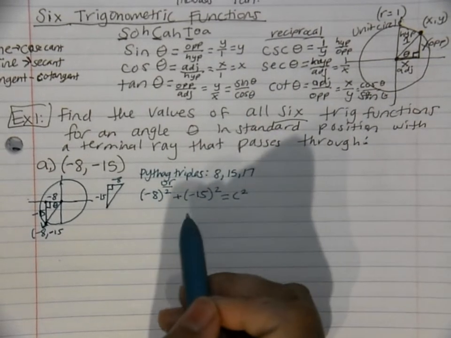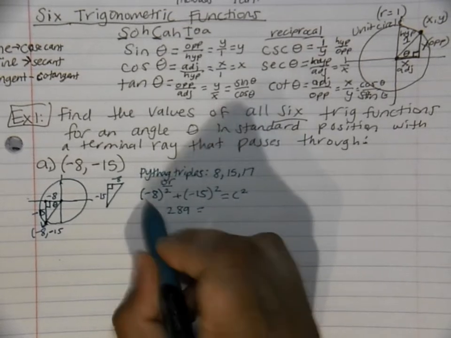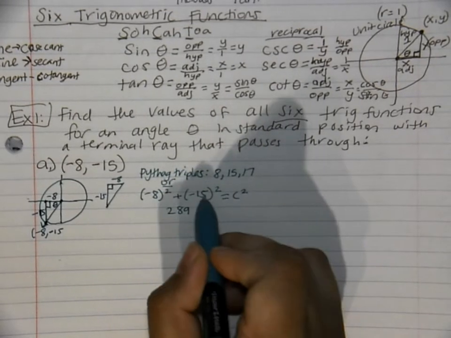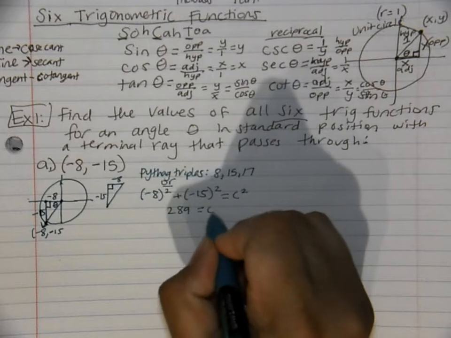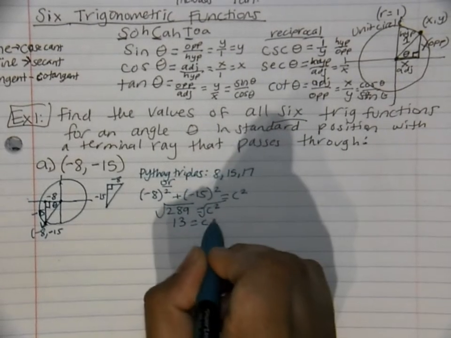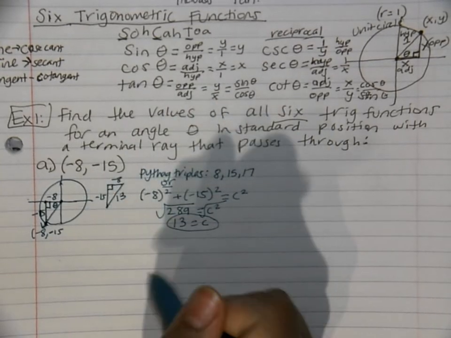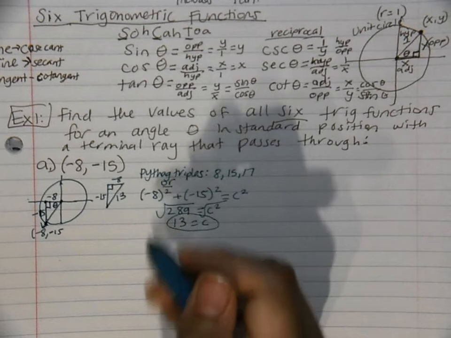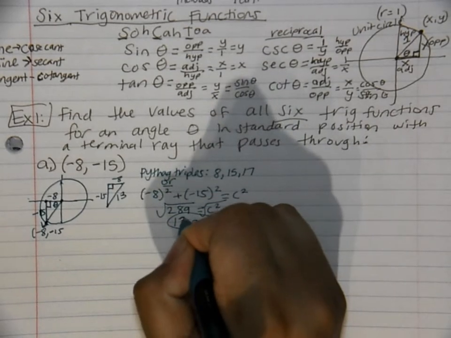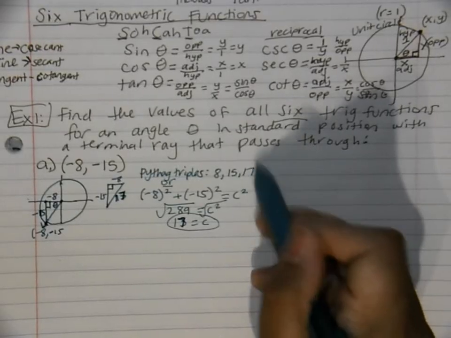Then we could use a calculator if you needed to. This adds up to 289. Make sure you use parentheses around each of those numbers when you square them. Then we square root 289 and you get 17. I found my hypotenuse, positive 17. I misread that at first, it's not 13, it's 17. That makes sense because that was my triple.